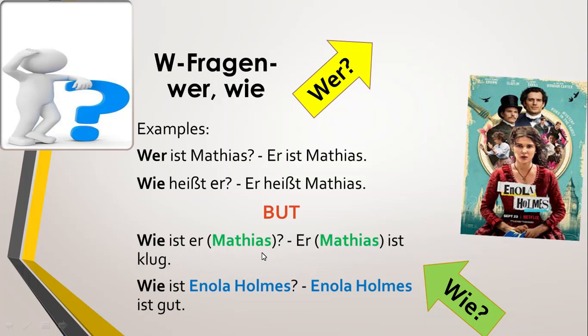Similarly, if we use wie with sein and an object instead of a subject, then we are describing that object. So let's take an example of the recently famous film Enola Holmes, and I ask somebody, wie ist Enola Holmes?